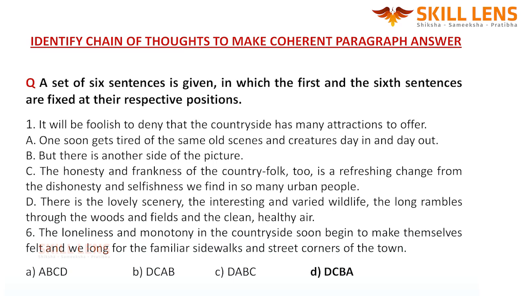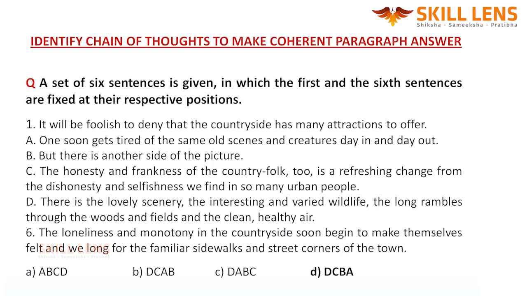It talks furthermore about the attractions in the countryside. It talks about the honesty and frankness of the country folk and so on. However, when you look at the next sentences, that is B and A, they are the remaining ones. B and A are introducing the opposite of what we are seeing in the first three sentences.